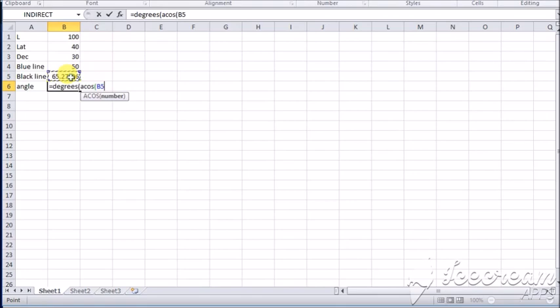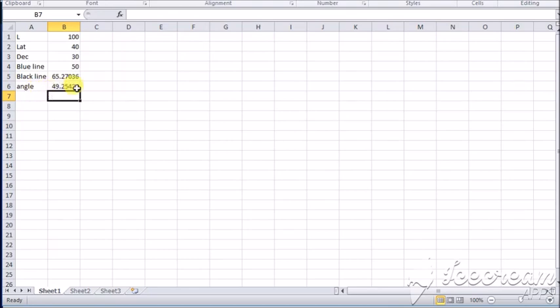I have to put degrees because the angles on Excel don't show in degrees, they show in radians. So yeah, this is the star rise angle.